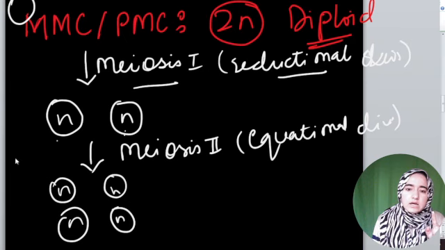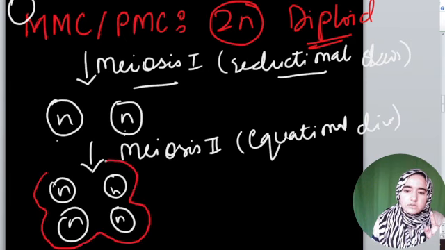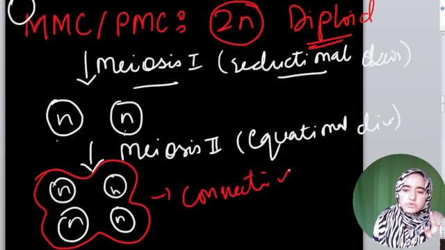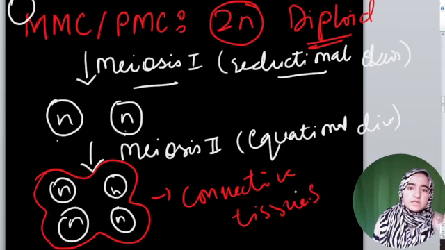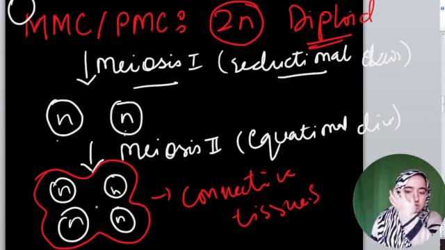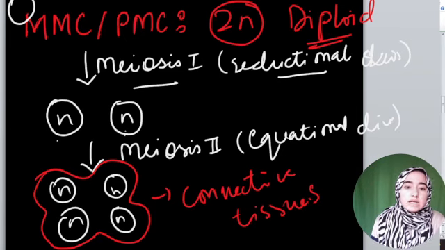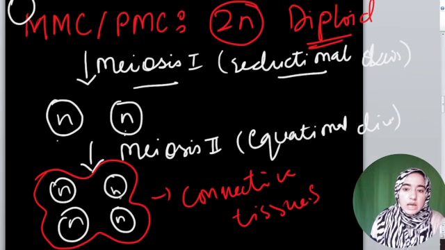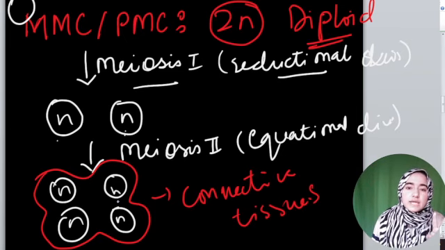And these are connected through a connective tissue like this. Don't get confused, don't relate this with the anther. This just forms a microspore tetrad. There are four. Microspore mother cell will give rise to microspores, like a mother gives birth to a baby.